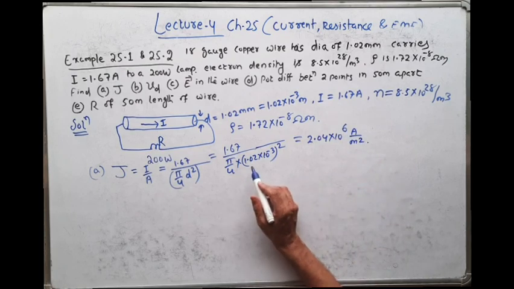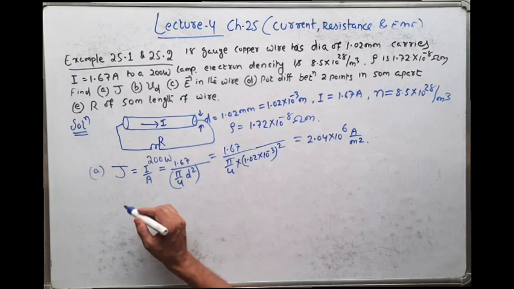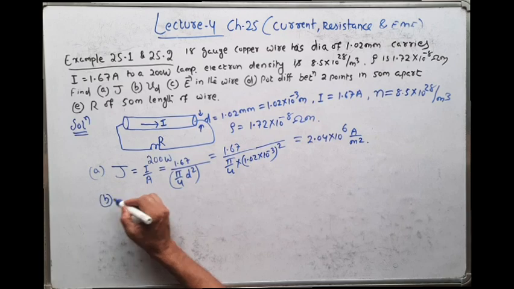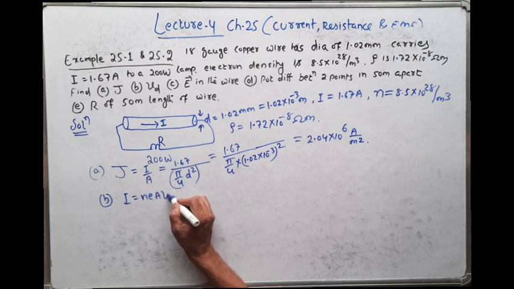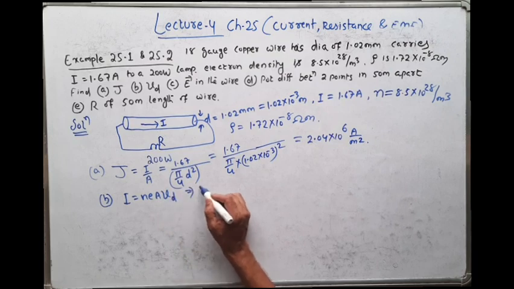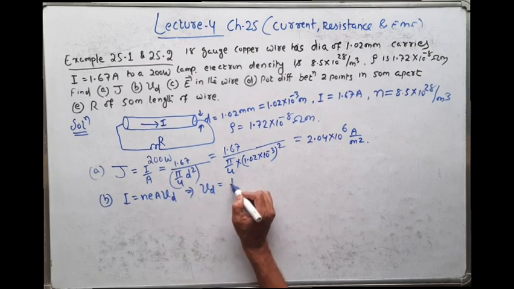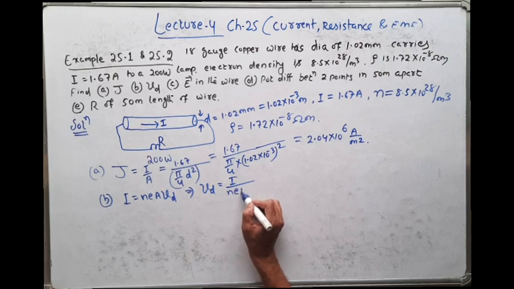Then we have to find the drift velocity. You know the relation I is equal to n E A v_d, which implies v_d is equal to I by nEA.